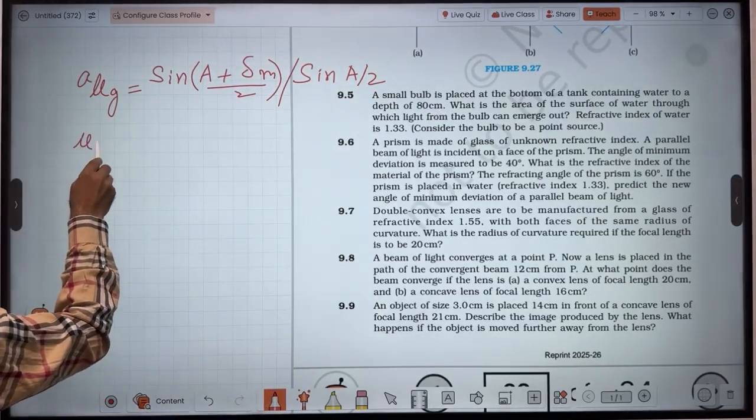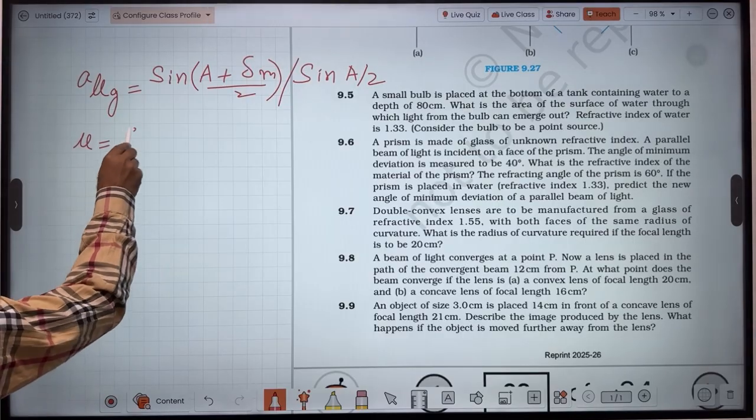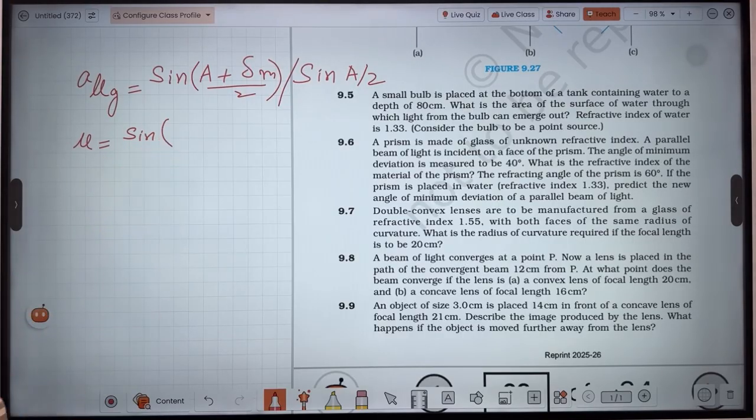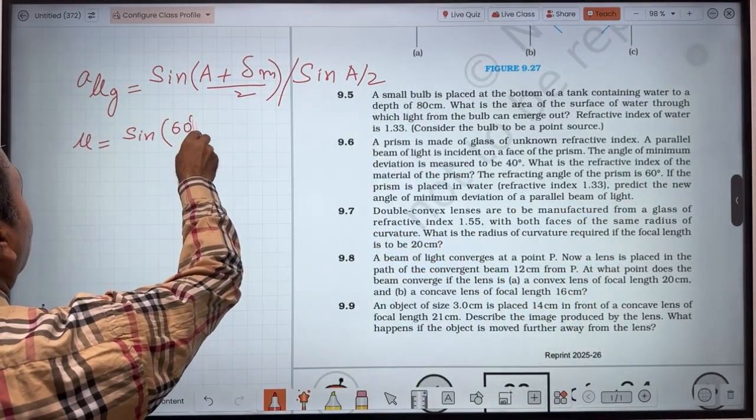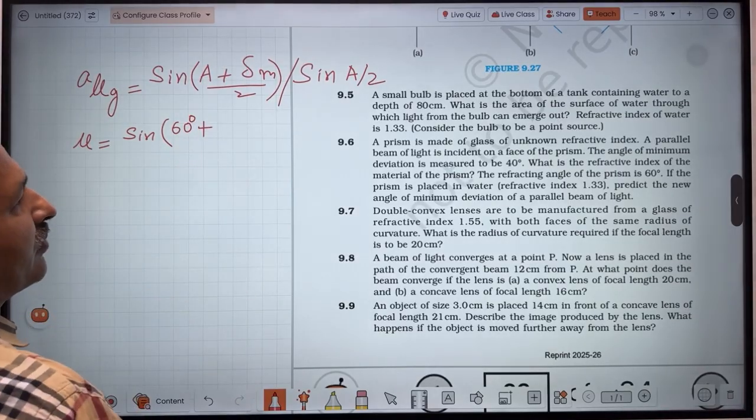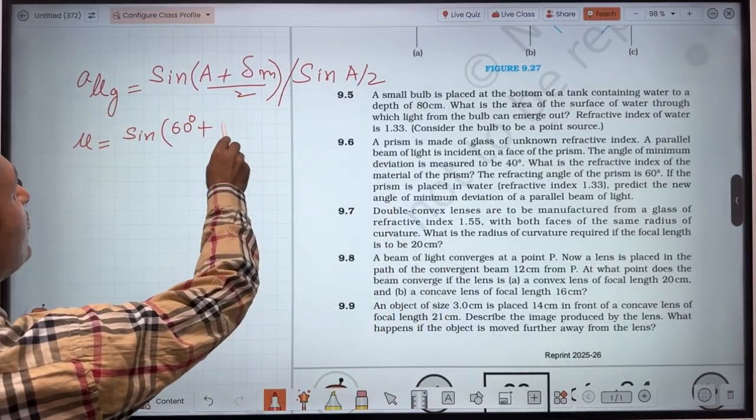So just denote it as mu. Sine of A, where A means the angle of the prism, is given as 60 degree, and the angle of minimum deviation is measured to be 40 degree.